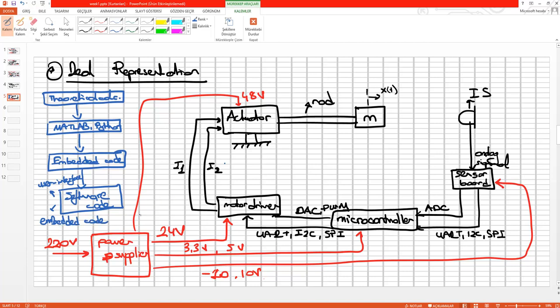And after that, we need to upload the codes into the microcontrollers, okay? This is the real representation of any control system, okay? And so we can add the control system, okay?